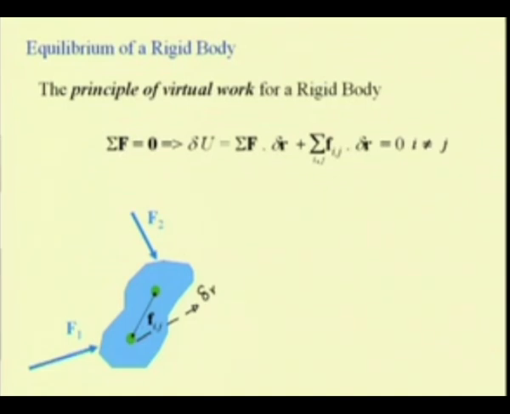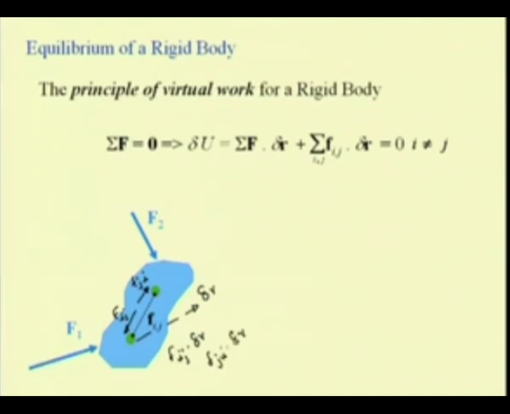So, when we take, let us say, this ith particle and jth particle, we have this force say Fij and this force say Fji. Now, the work done by this force Fij when this rigid body undergoes this virtual displacement delta r is Fij dot delta r, and the work done by this force is Fji dot delta r.